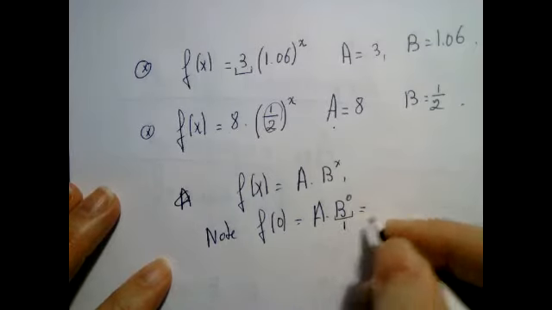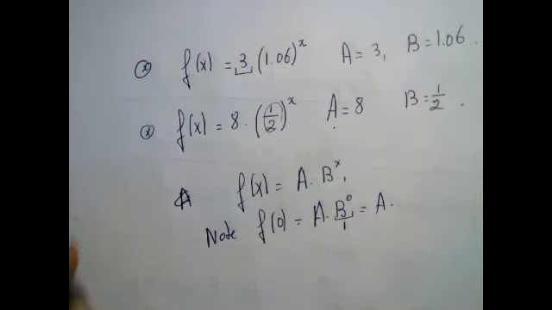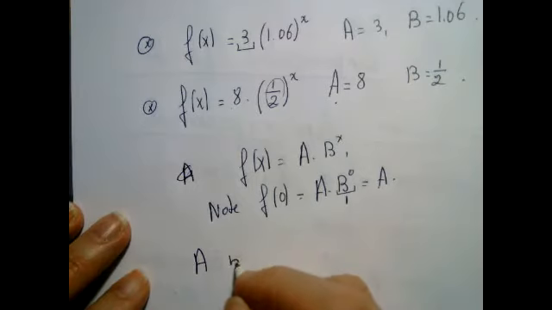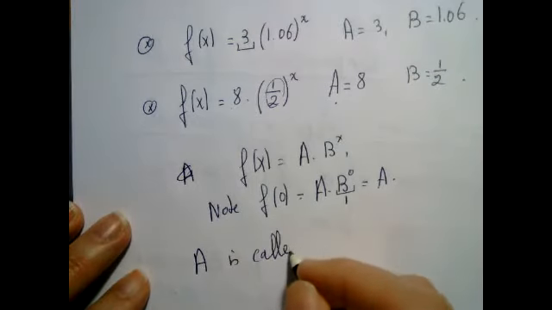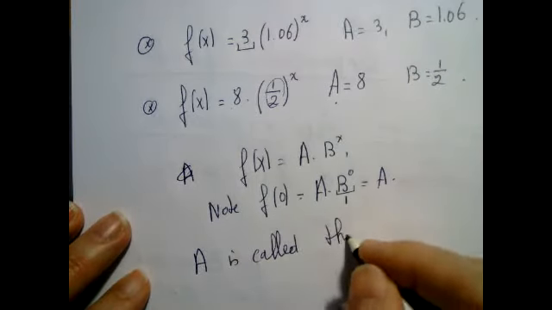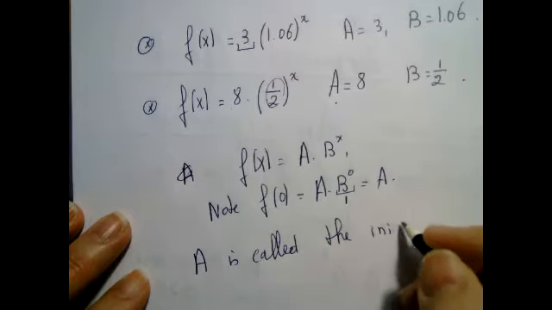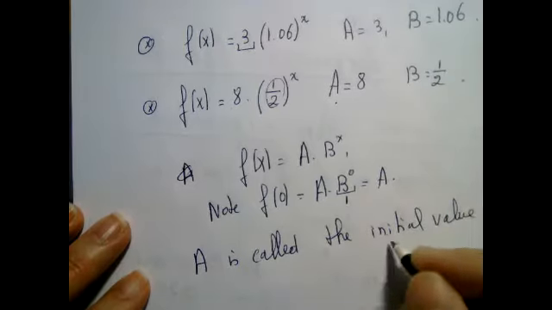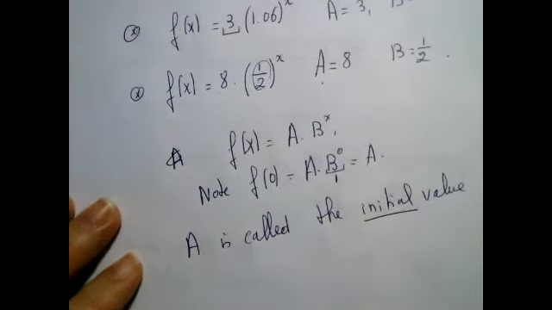Anything to the power 0 is 1, so it's equal to a. So a is the output when the input is 0. So a is called the initial value because it's the value when x is 0.